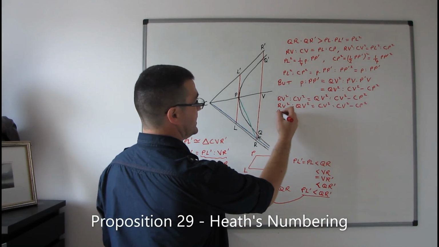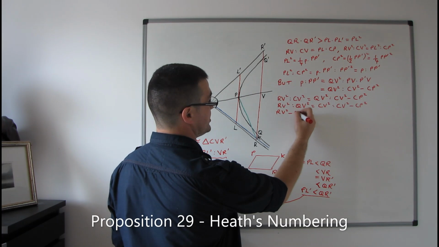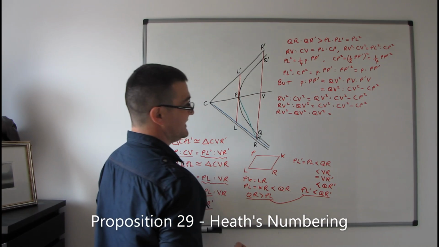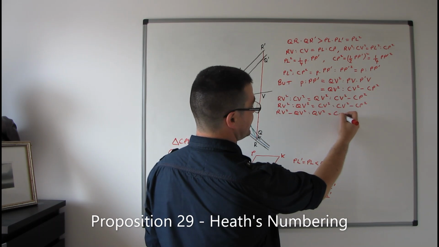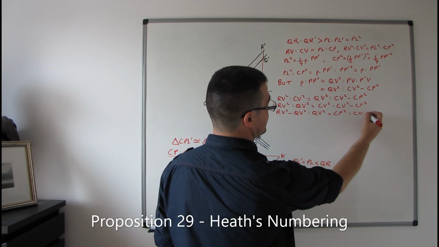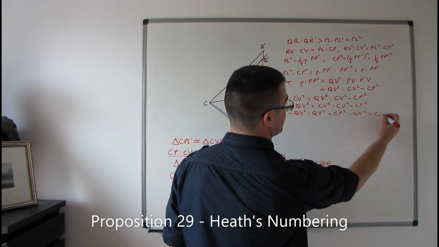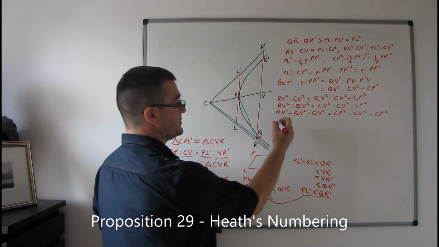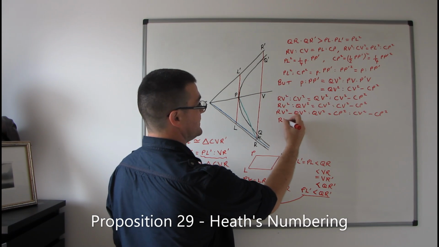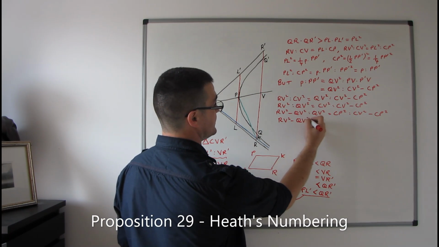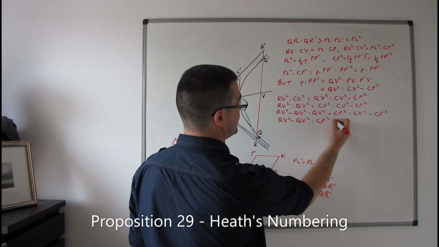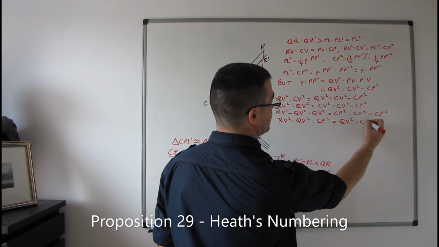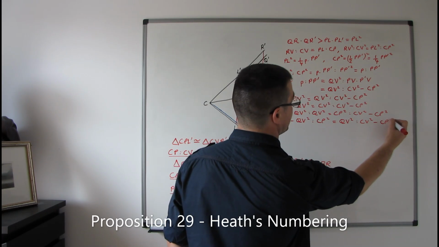So we get RV squared minus QV squared to QV squared is equal to CP squared to CV squared minus CP squared. Rearrange to get RV squared minus QV squared to CP squared is equal to QV squared ratio CV squared minus CP squared.